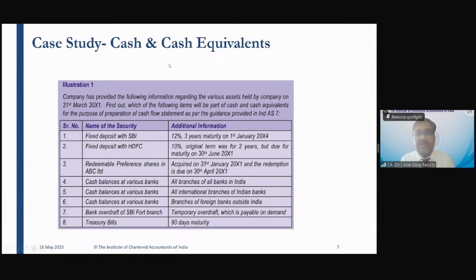So you are sitting on 31st March 20x1 and you have deposited money with State Bank of India for 3 years, and it is going to be redeemed on 1st January 20x4.